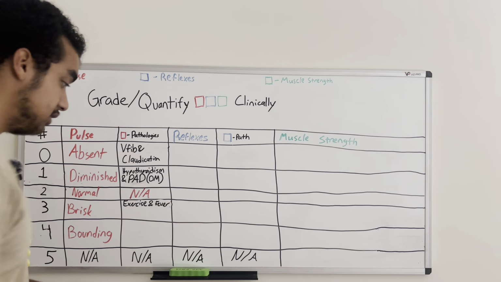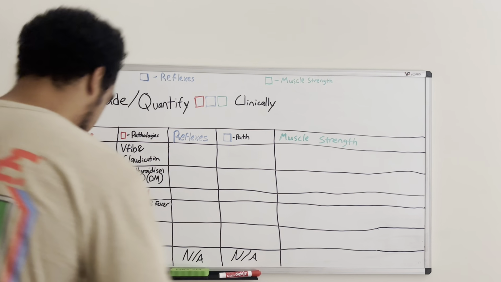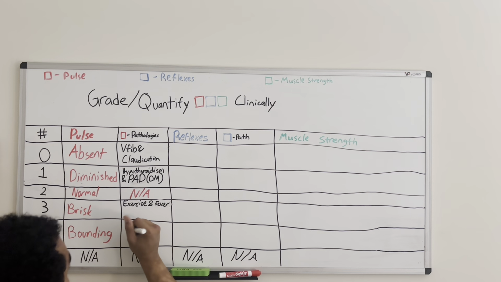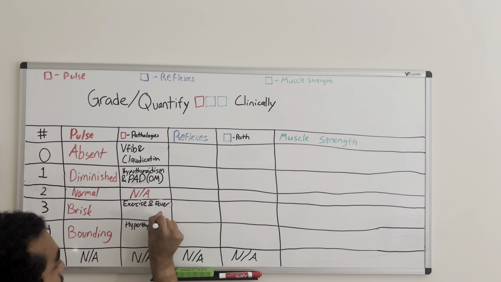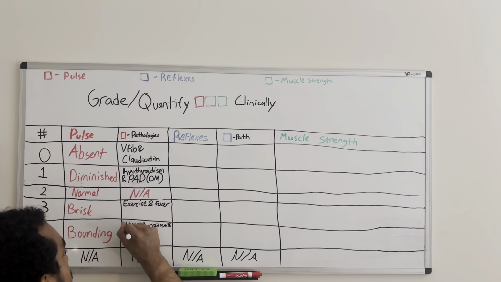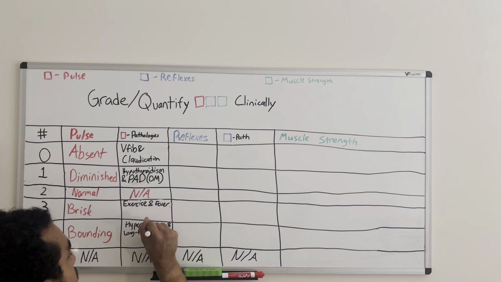Now, a bounding pulse can be due to a few things, namely hyperthyroidism, and long-term chronic kidney disease.